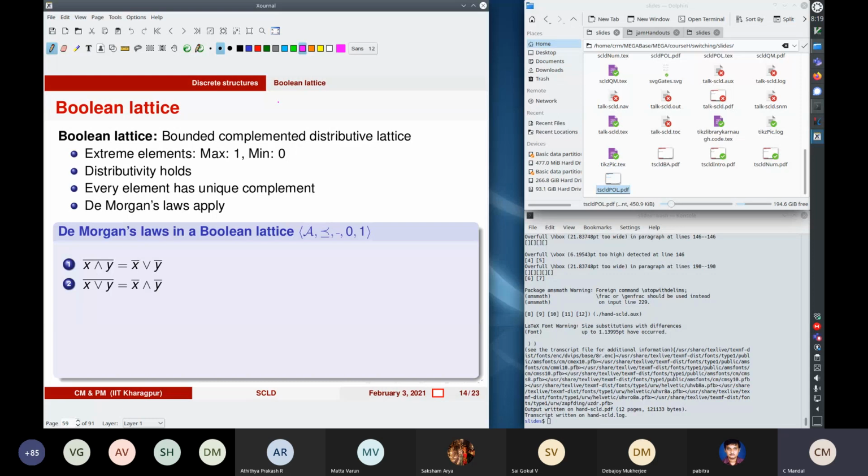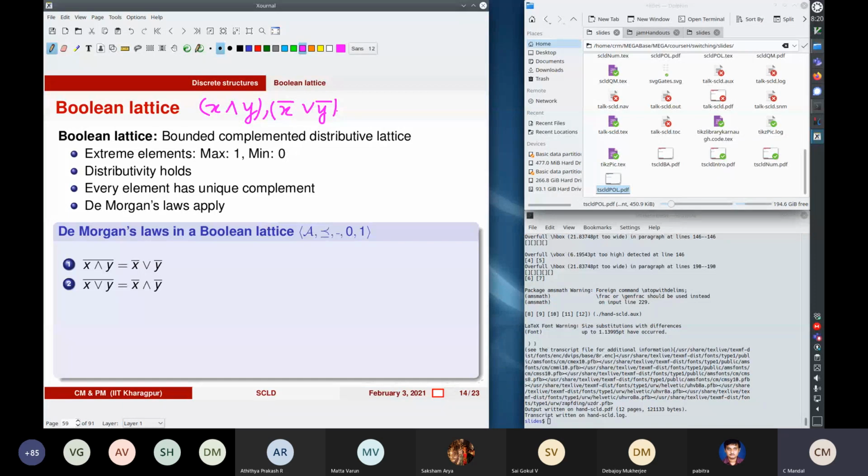You have two expressions here, and you have got another expression here. And you got to show that this expression is the complement of this expression. So they have to satisfy the properties of complement.